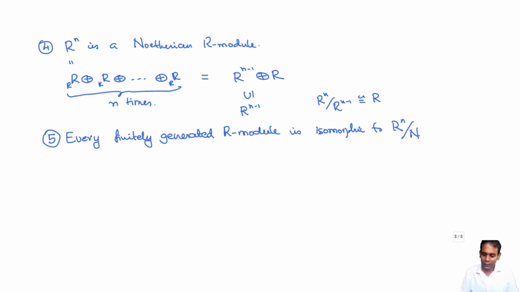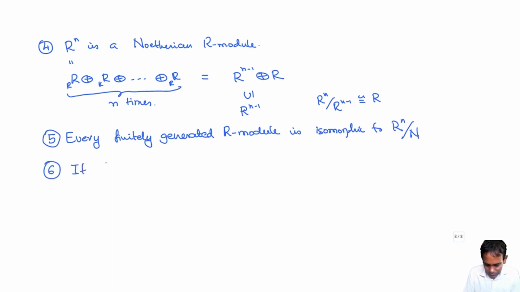We already saw this when we talked about finitely generated modules. If there are n generators, then you just take a homomorphism from R^n to your module, which takes the ith coordinate vector in R^n to the ith generator in your module, and you'll get an isomorphism with R^n mod N. Now this R^n is Noetherian, but we need a small result here.